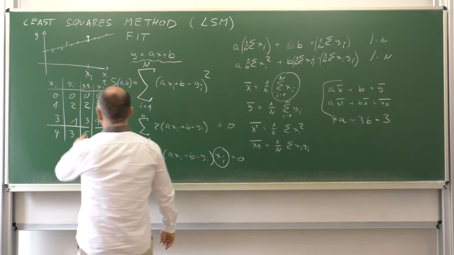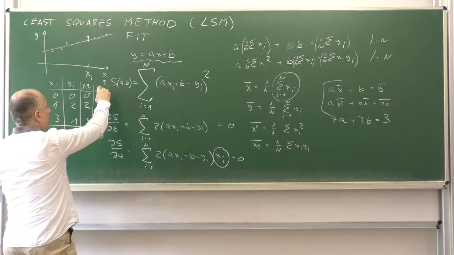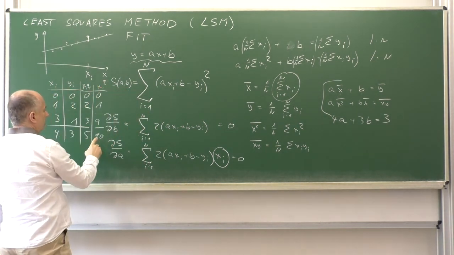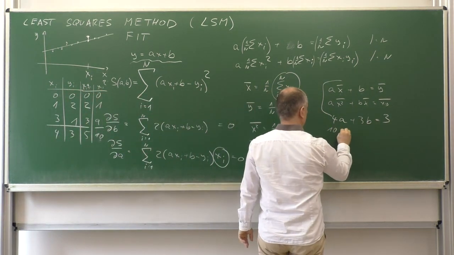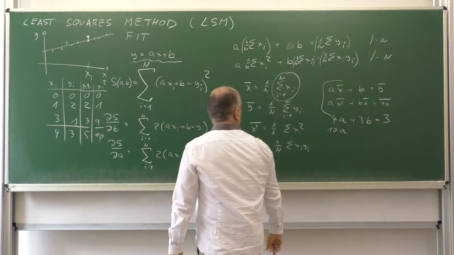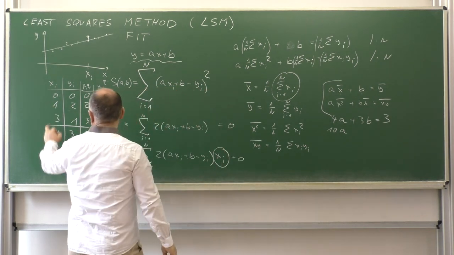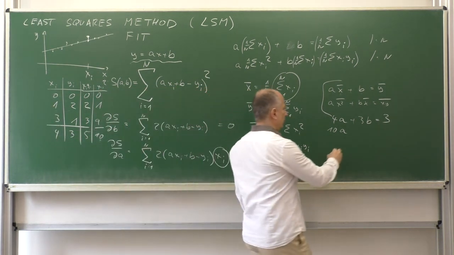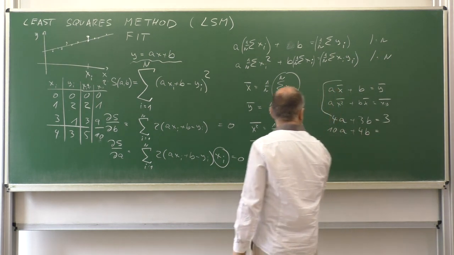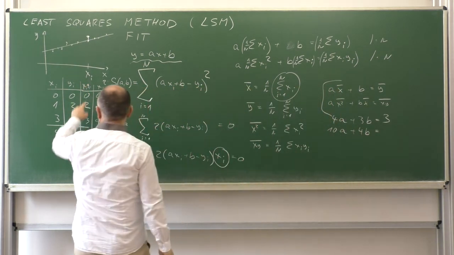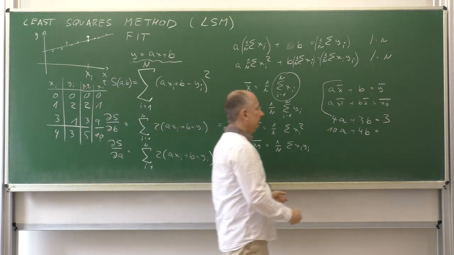And the second equation, we use x square sum, which is 10, so 10a, plus b sum of x, that means 4b. And finally, xy sum is 5.